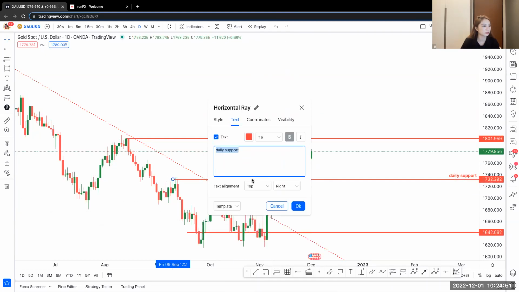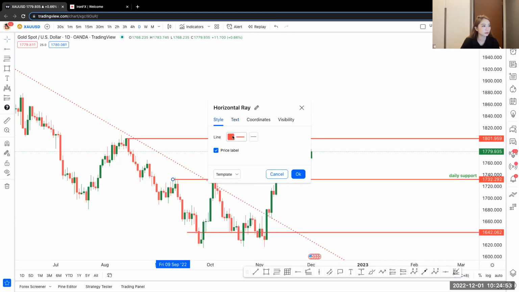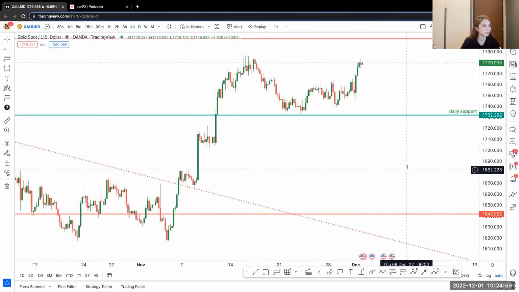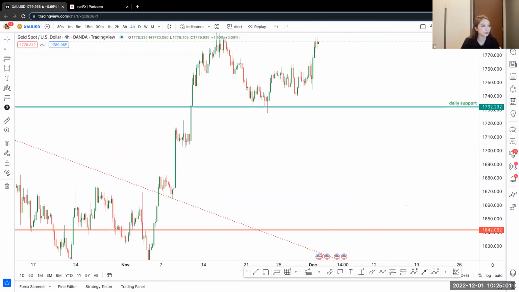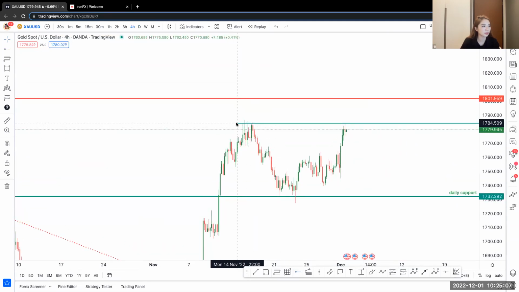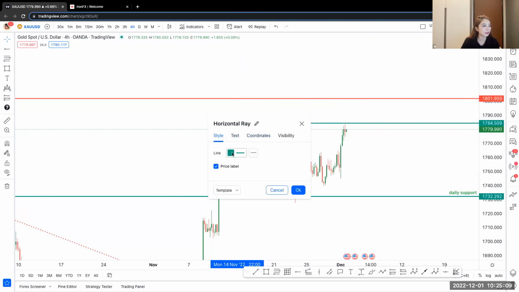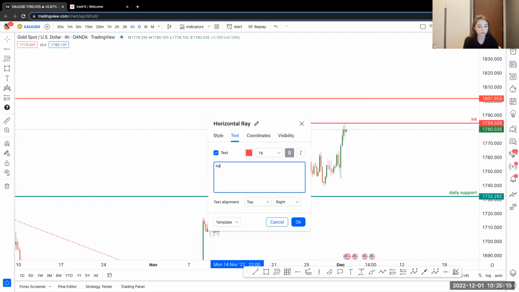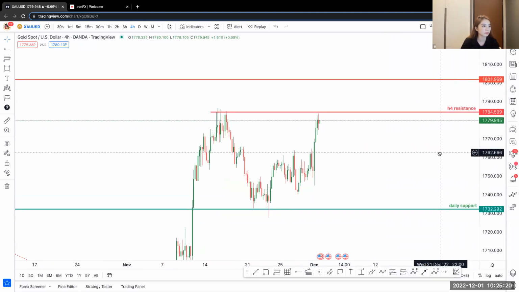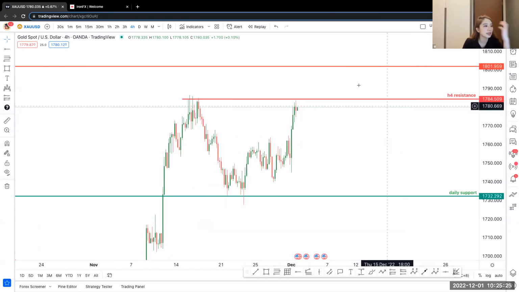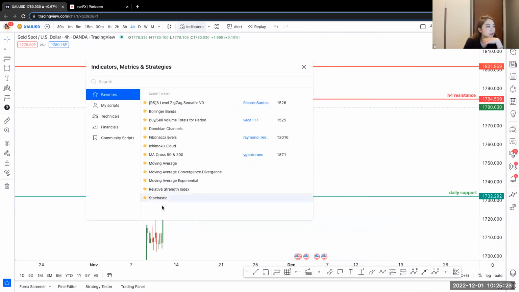Let me just change the color. At H4, this does not look that good. Price right now is maneuvering up and down through this resistance. I would say that it might have already exhausted the upward movement.